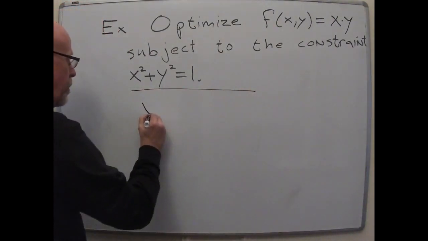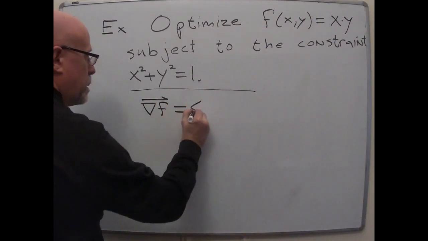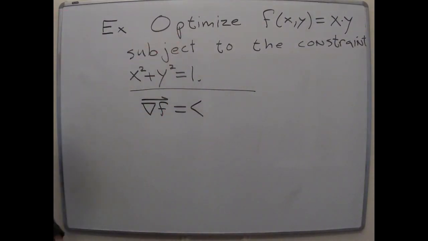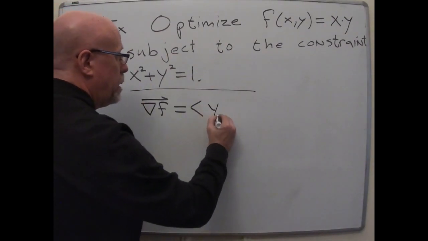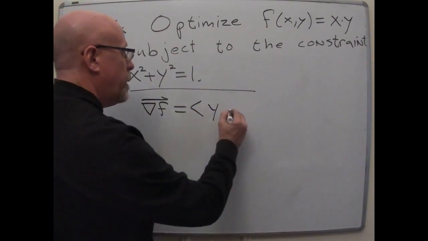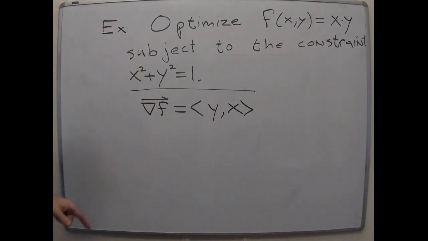Well, first figure out what grad f is. These are functions of two variables, so the gradient vectors will just have two components. When we take the x partial of this expression, we get y. And when we take the y partial of it, we get x. Right, so grad f is (y, x).